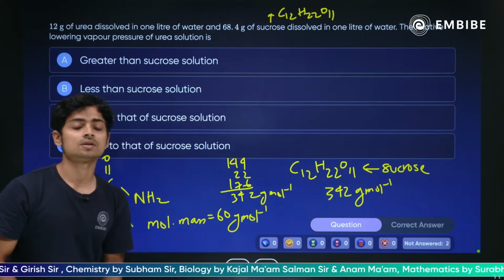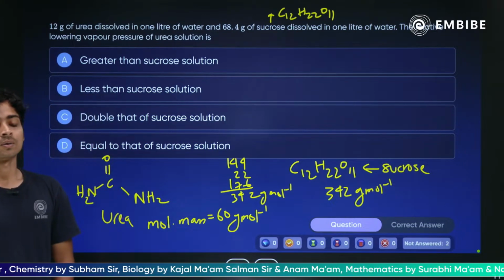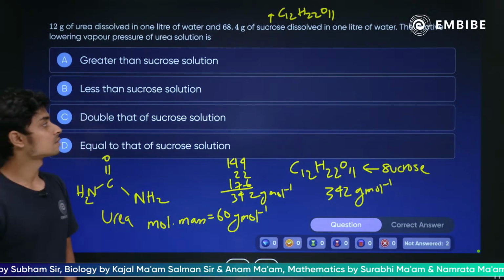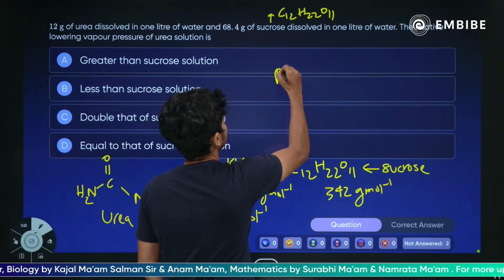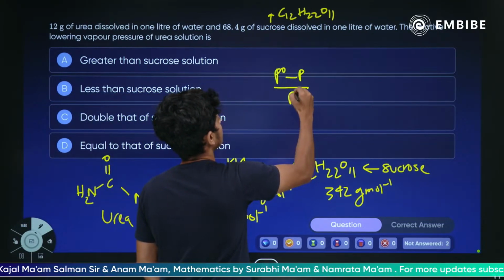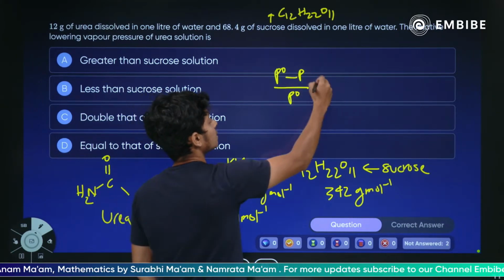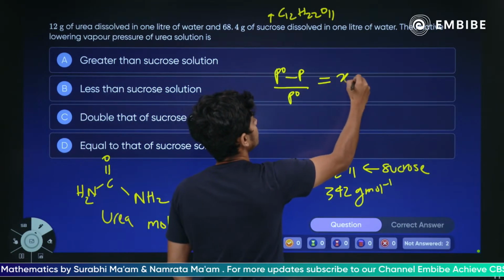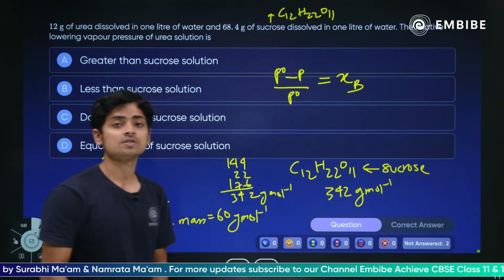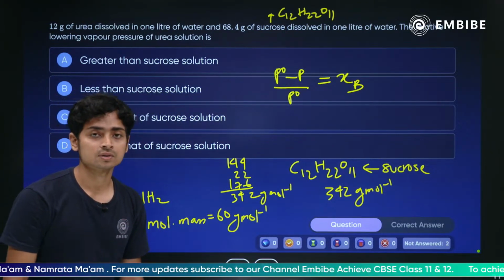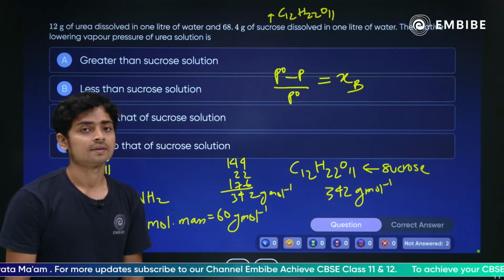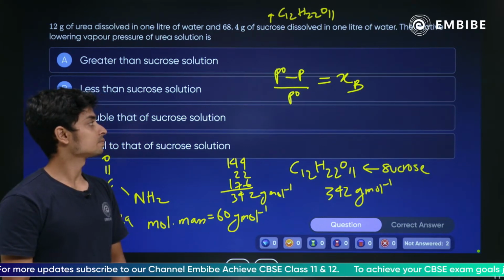So other guys, you can try, Shri Krishna, Jord. Try this question. Just remember P naught minus P by P naught, where P naught is the vapor pressure of pure solvent and P is the vapor pressure of solution, is equal to xi of B, which is your mole fraction of solute. So you have to calculate the mole fraction of solute here. That is your aim.